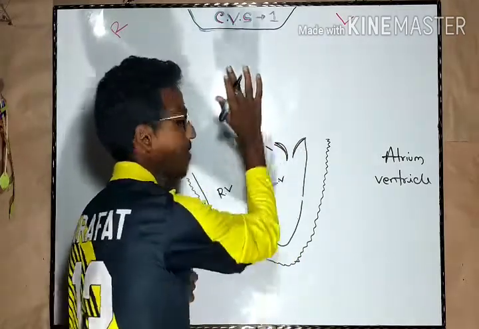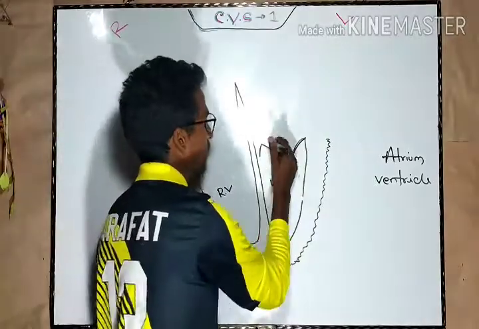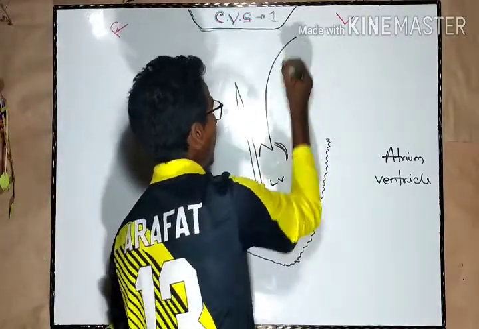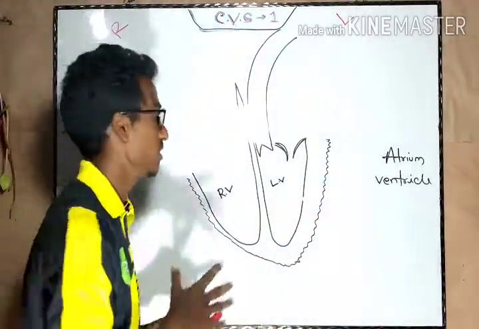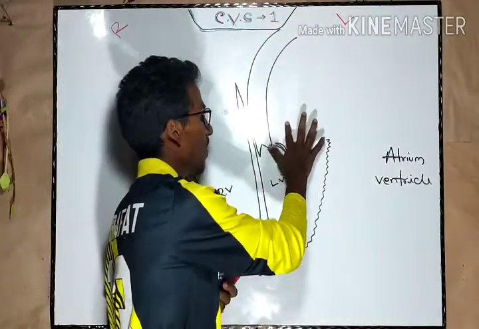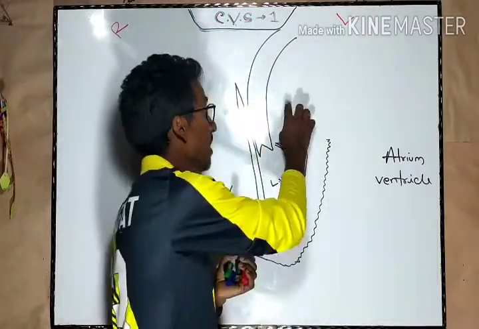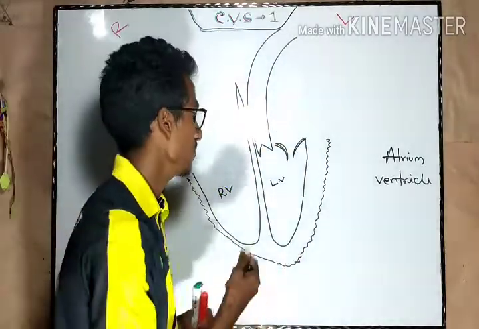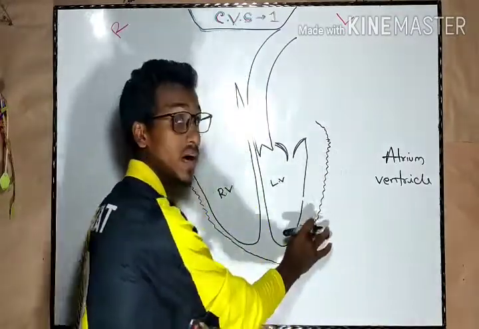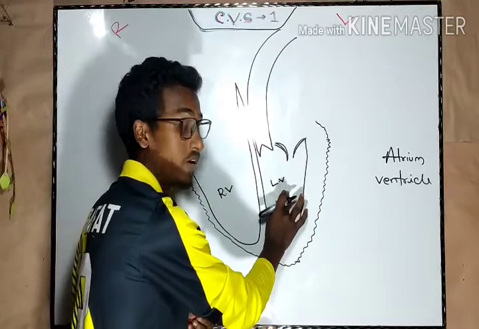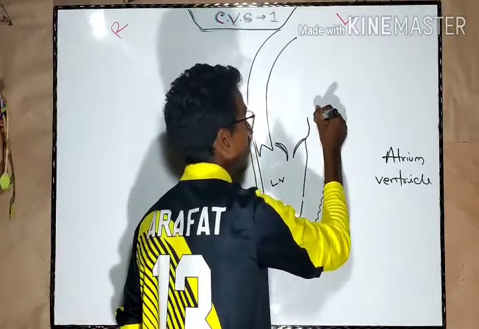This valve up the way goes to the aorta and this valve down the way is connected with the upper chambers. So look at the upper chambers here. The upper chambers have a thinner muscular wall than the lower chamber, that means the left ventricle. So it is the thin muscular wall.